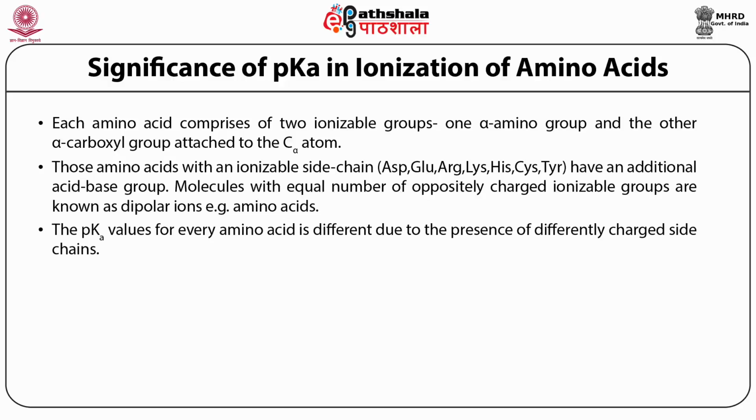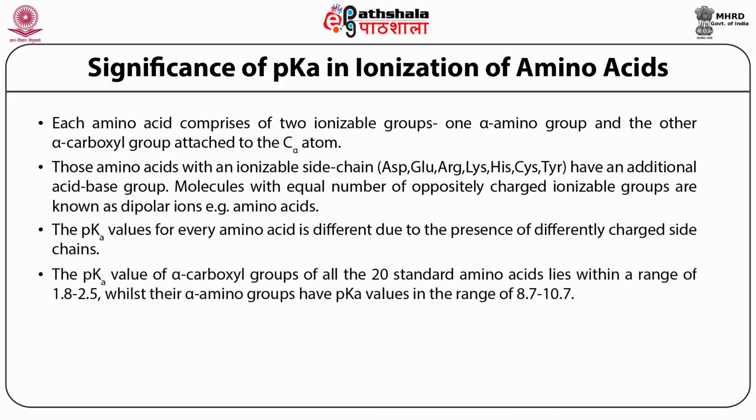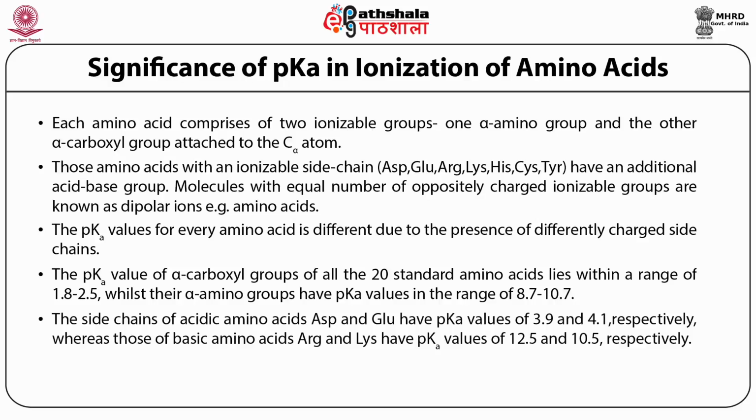For example, the pK value of the alpha carboxylic group of all 20 amino acids lies within the range of 1.8 to 2.5, while for the alpha amino group it varies from 8.7 to 10.7. But the side chains have different pKs.